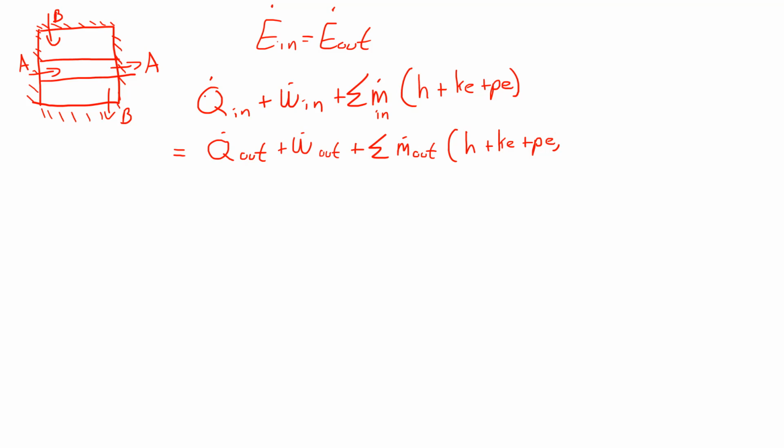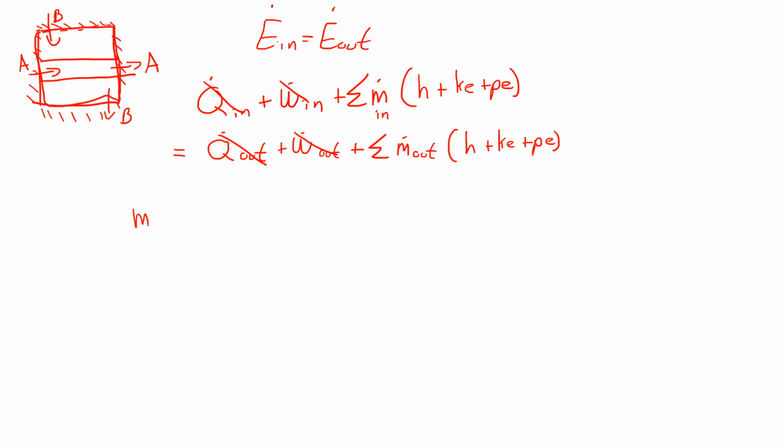So again, if this is insulated, there's no heat transfer because I'm going to take my boundary around the whole heat exchanger. There's no work interactions. So what I have is energy in by mass in two places.